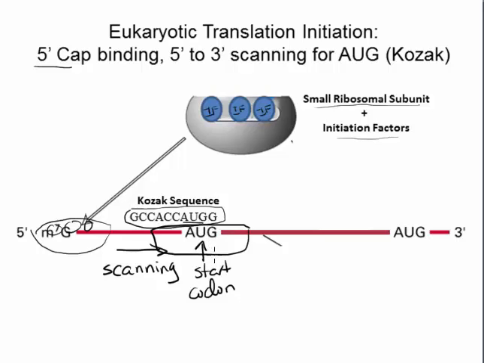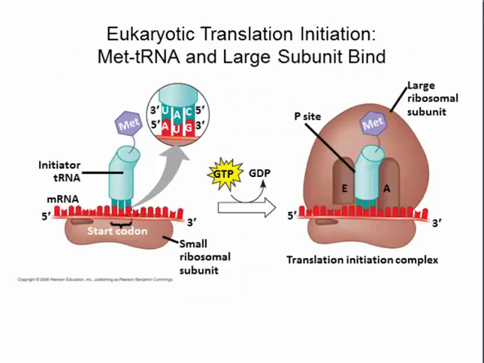So the Kozak sequence correctly positions the small ribosomal subunit and initiation factors at the correct AUG to begin the process of translation. Now, what happens after we find that start codon?